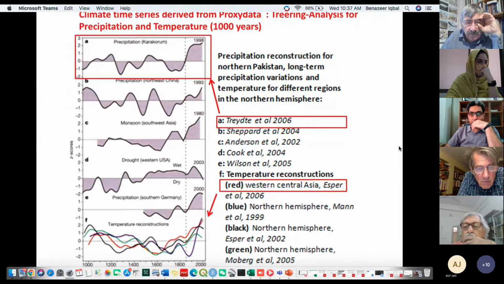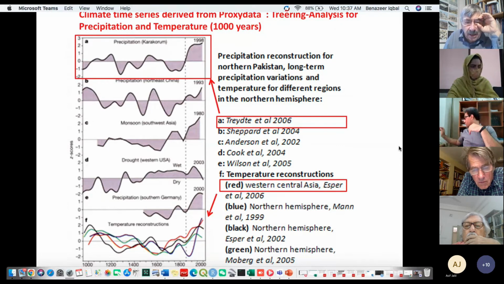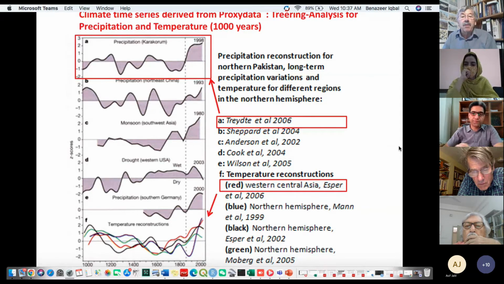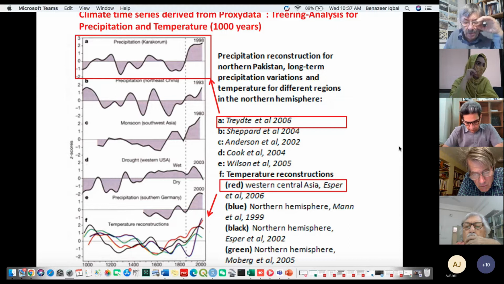And we see very clearly it's going up, it's going down. But in the very last maybe 150 years, we have definitely an increase in precipitation in the high mountain areas of Pakistan, which shows a little bit this Karakoram anomaly. In the lowest graph, you have another one indicating temperature.